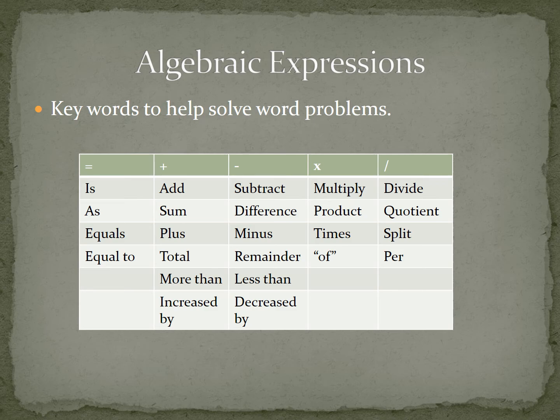It's the word that's going to tell you what the operation should be. So if it's using multiply, obviously you're multiplying: product, times, of. And divide, you may see represented by quotient, split, per.